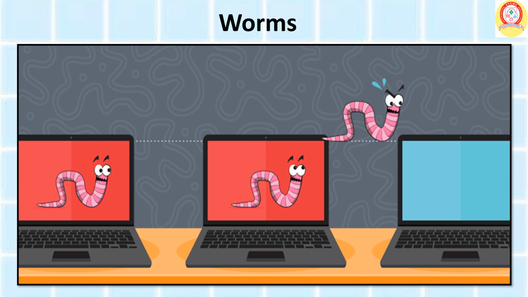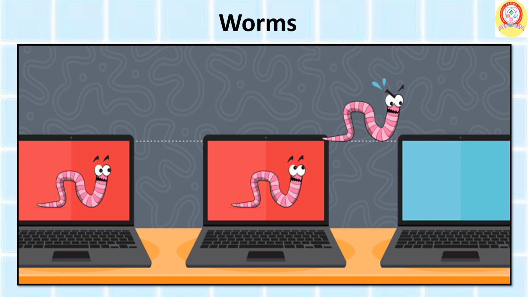Viruses spread only when the user does something like running an infected program or attaching an infected file. A worm emails copies of itself to other computers, infects them, and then uses the address book of the infected computer to spread further. This is what worms do.